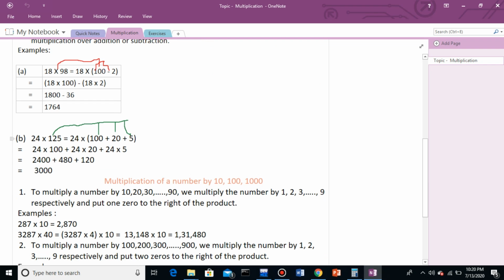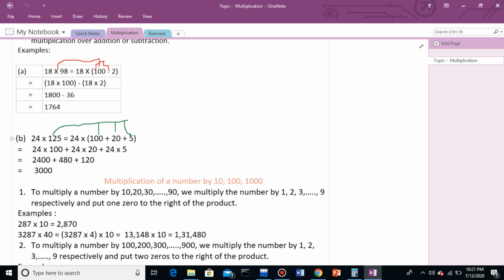Again, let's take one more example. Now, 24 into 125. So 125 we can divide into smaller parts. See how I have done it. 24 into under bracket 100 plus 20 plus 5. That 100 plus 20 plus 5 will make it 125.